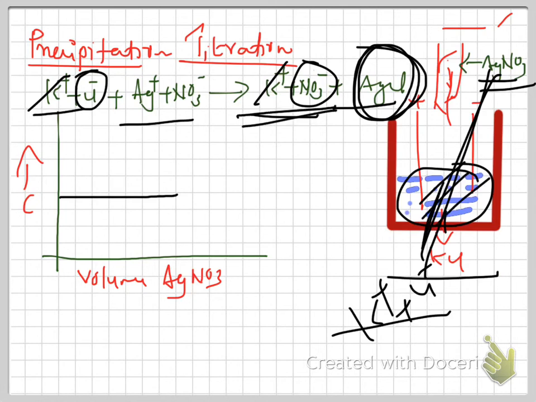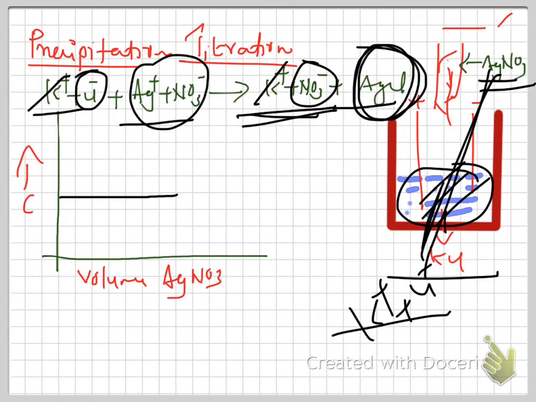After the endpoint, when you are adding AgNO3 solution in excess, AgNO3 dissociates in solution and the NO3- concentration slowly increases.